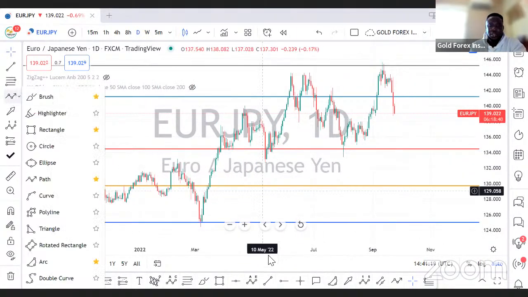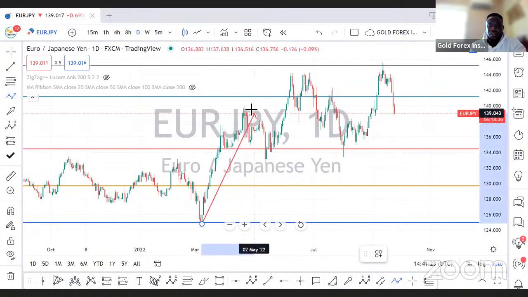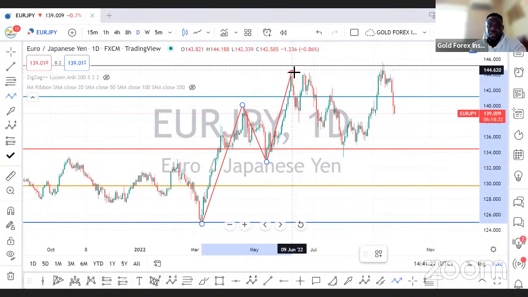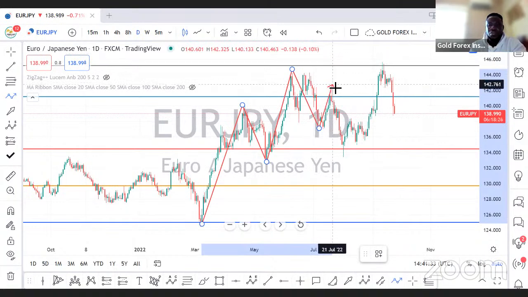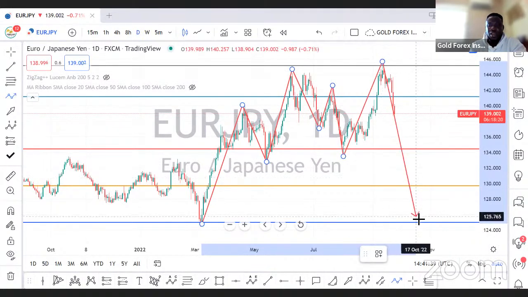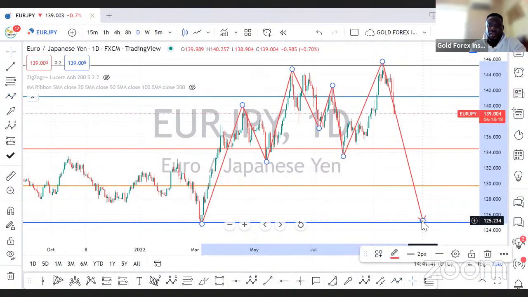Now look at something. It's forming this. So instead of it going up, it came down like this and came up. Now it's going to come down all the way down, right?